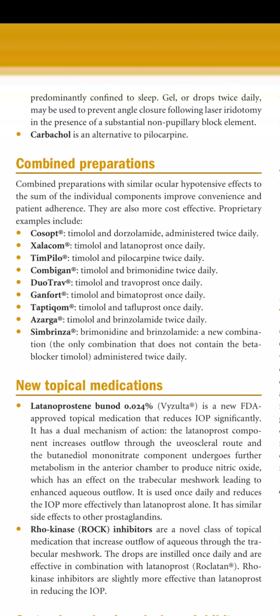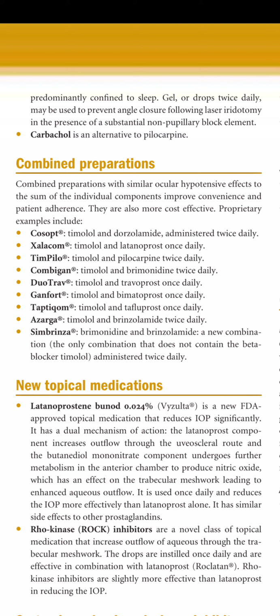So Cosopt has timolol and dorzolamide administered twice daily. Timolol and latanoprost, a prostaglandin, is usually given once daily. Timolol and pilocarpine twice daily, Combigan timolol and brimonidine twice daily, DuoTrav timolol and travoprost once daily, Ganfort timolol and bimatoprost once daily.